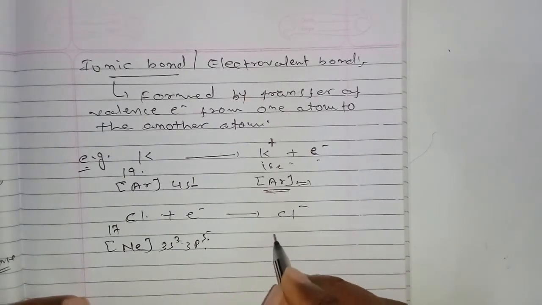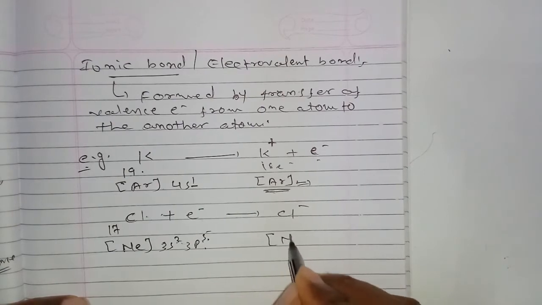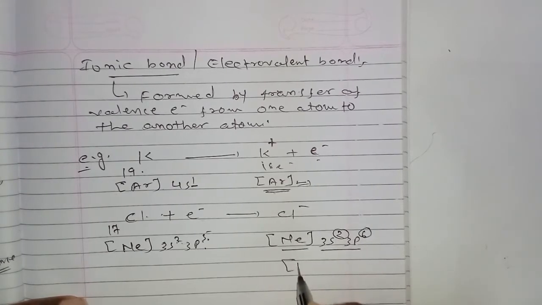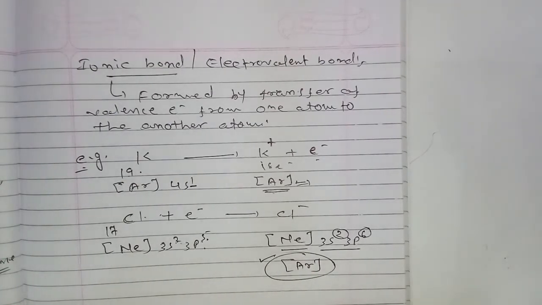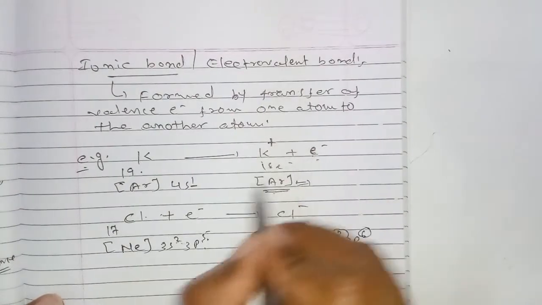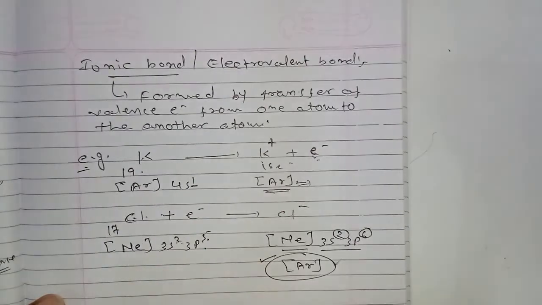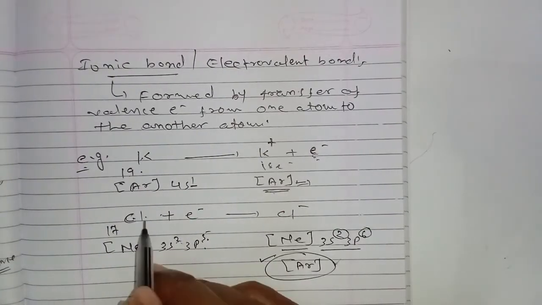Now its electronic configuration will be neon 3s2 3p6, here 10 plus 8 electrons, the same as argon. Here there is only a transfer of electron from one atom to another atom.